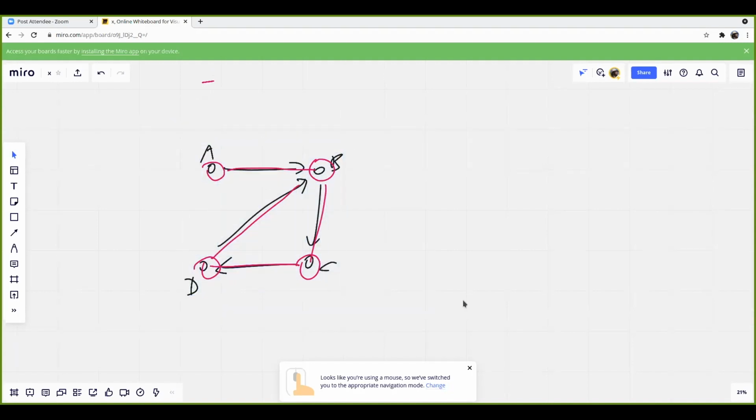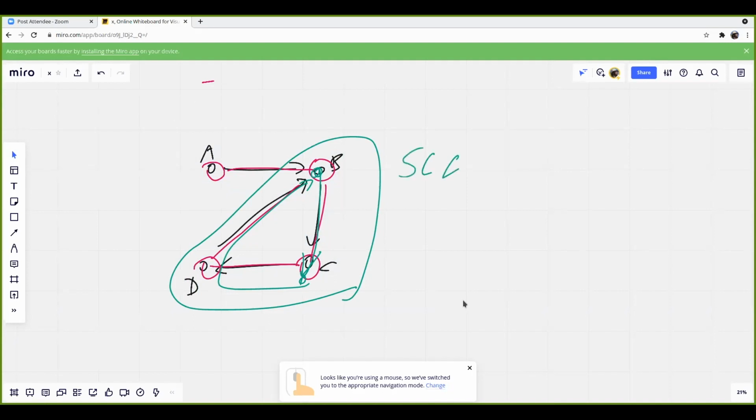So if you have a graph like this, clusters of vertices like B, C, and D here that lie on the same cycle, or more precisely clusters of vertices such that between any two of them you can go from X to Y and also from Y to X, where each pair is mutually reachable, are called strongly connected components of a directed graph.